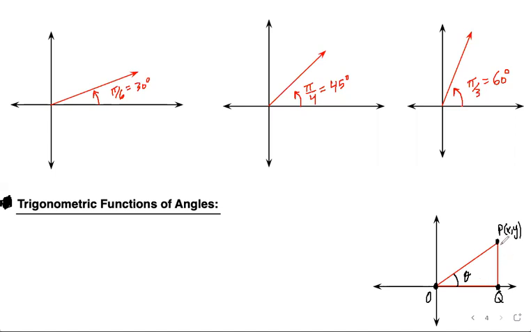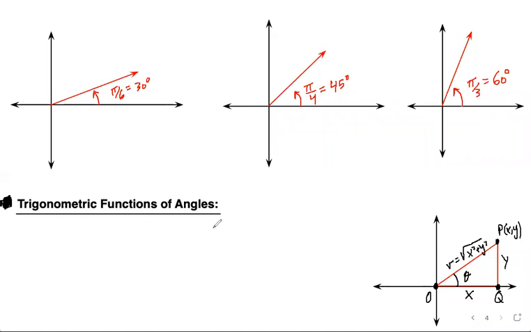The length from B to Q is y. The length from O to Q is x. And the length here, by using the Pythagorean theorem, is r equals the square root of x squared plus y squared.